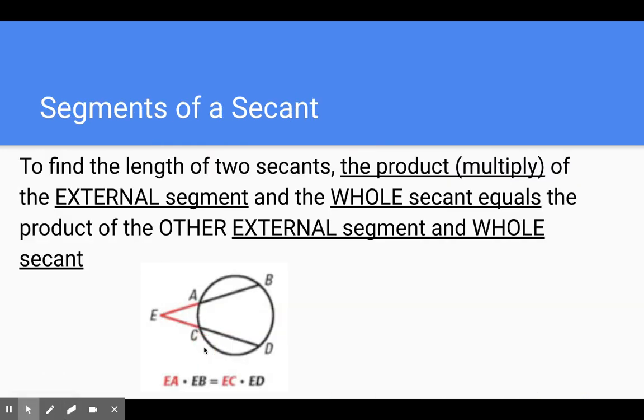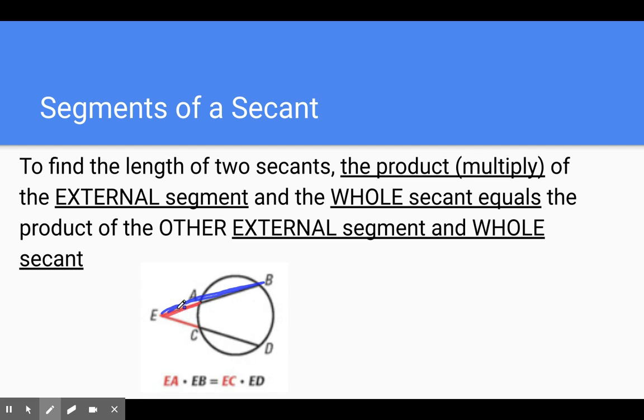Okay, segments of a secant. To find the lengths of two secants, the product, remember product means multiply, of the external segment and the whole secant equals the product of the other external segment times whole. If we use some colors to represent this, external is written in red, times the whole, which is blue.